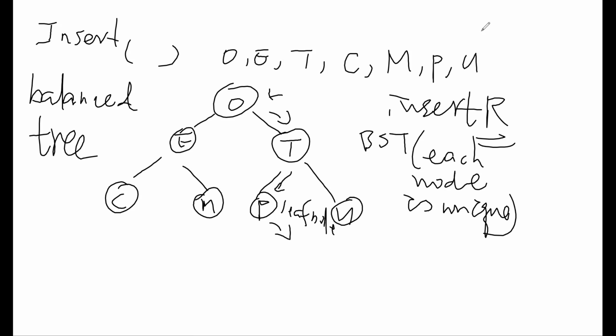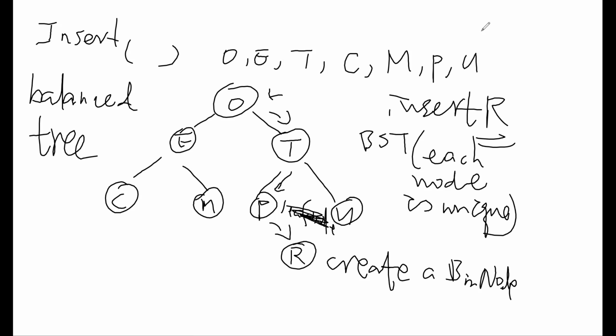So what you should do is create a new node. In this case, it's going to be a new node, and node P is going to be the parent of this new node you create.